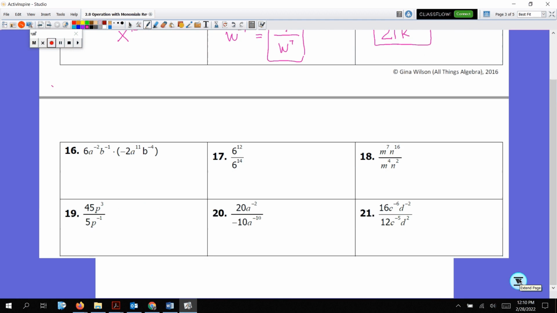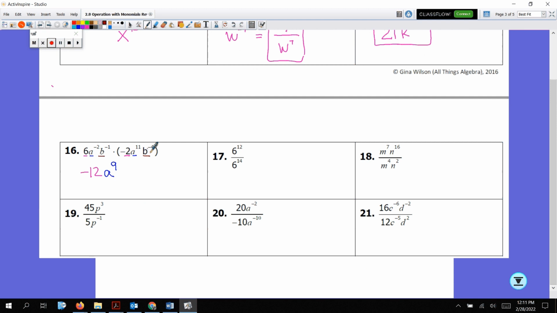Okay, when they get larger, please take your time and slow down. Okay, we multiply the coefficients together. 6 times negative 2 is negative 12. Then I take my a's and I add my exponents. I have negative 2 plus 11 gives me a to the 9th power. Now I have my b's.